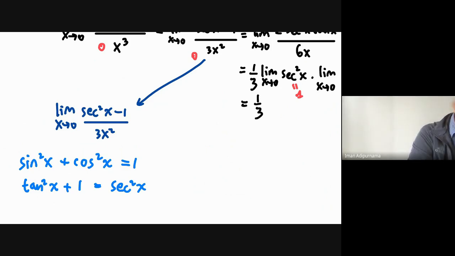So we can write this as plus 1 minus 1, which is 0, like that.